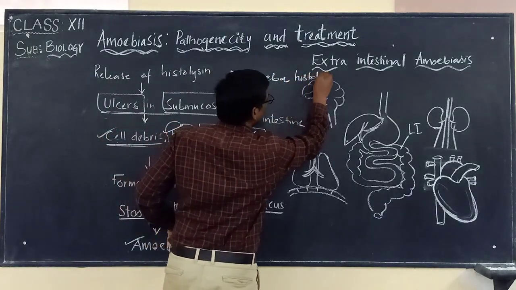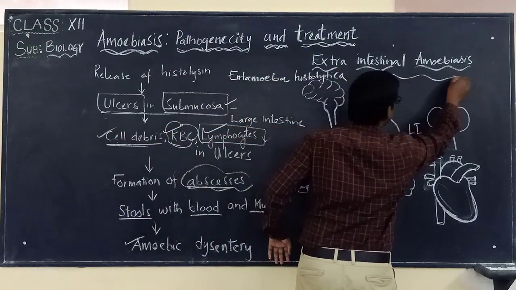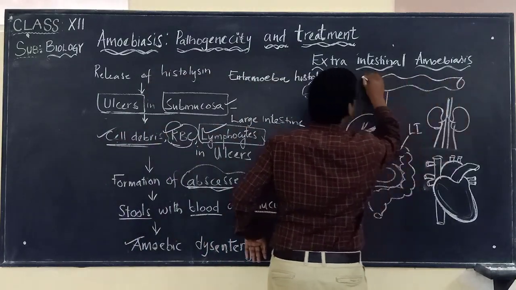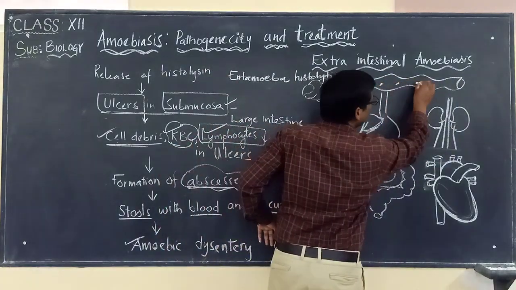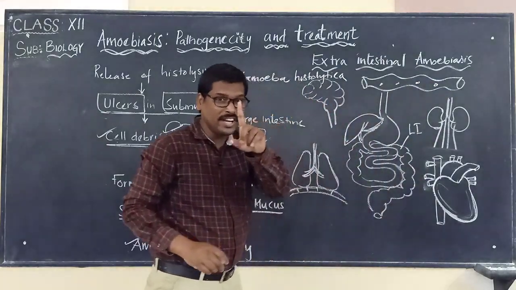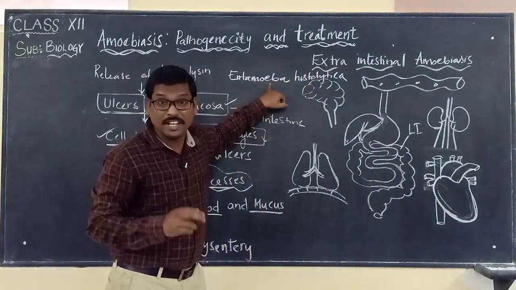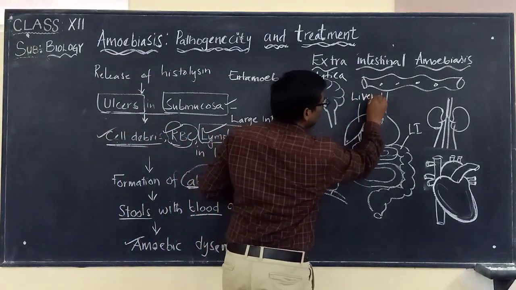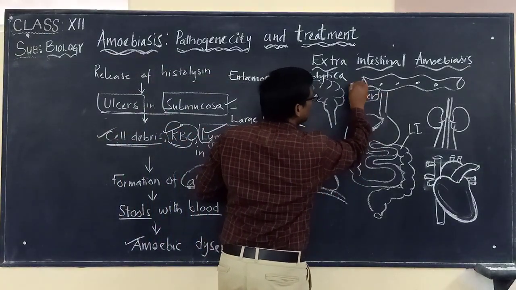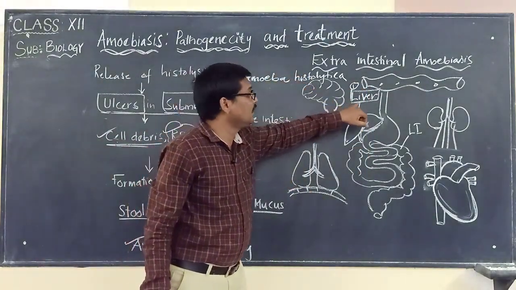Let us say that these are the blood vessels. The Amoeba histolytica will travel through the blood and reach the primary organ, which is the liver. Please remember that the primary organ attacked by the Amoeba histolytica is the liver.